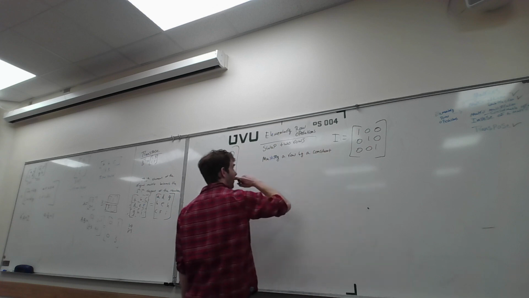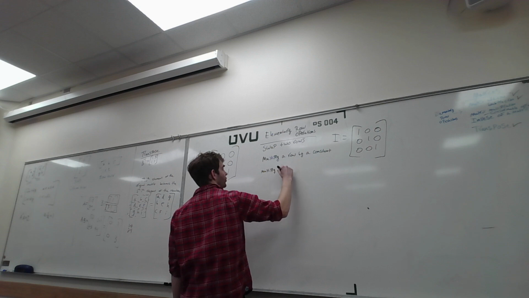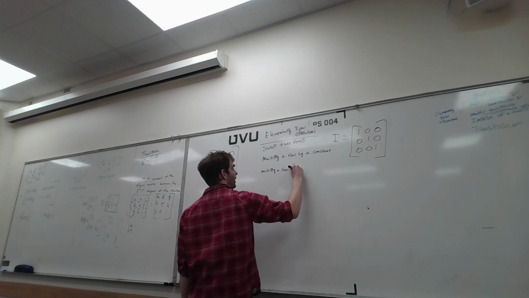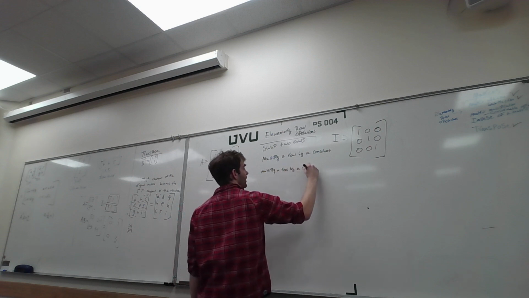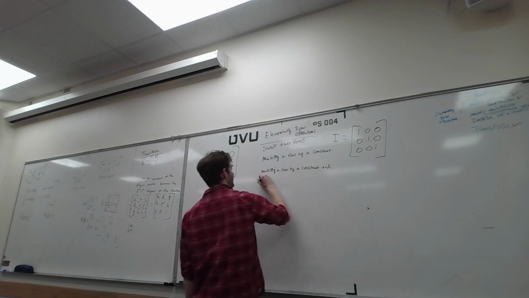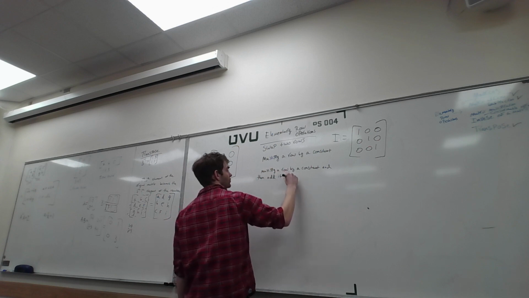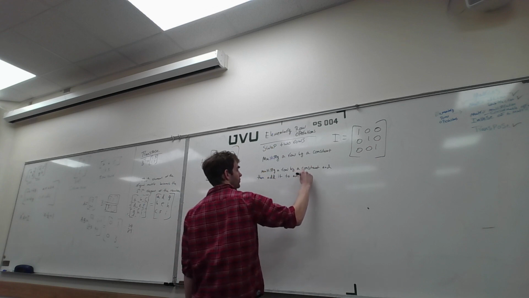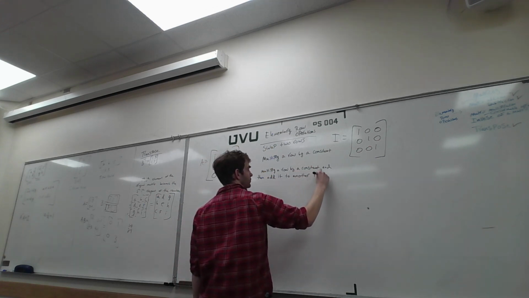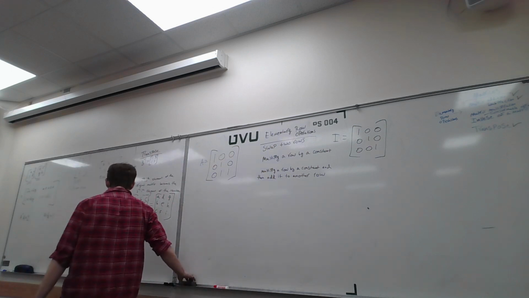Or you can multiply a row by a constant and then add it to another row. These are what elementary row operations are.